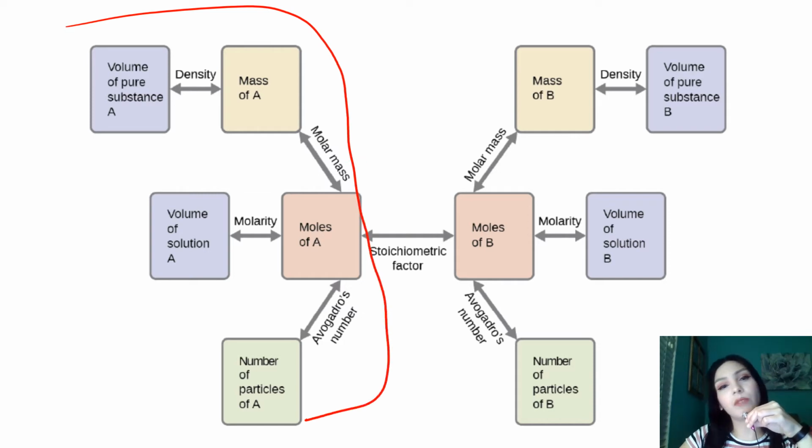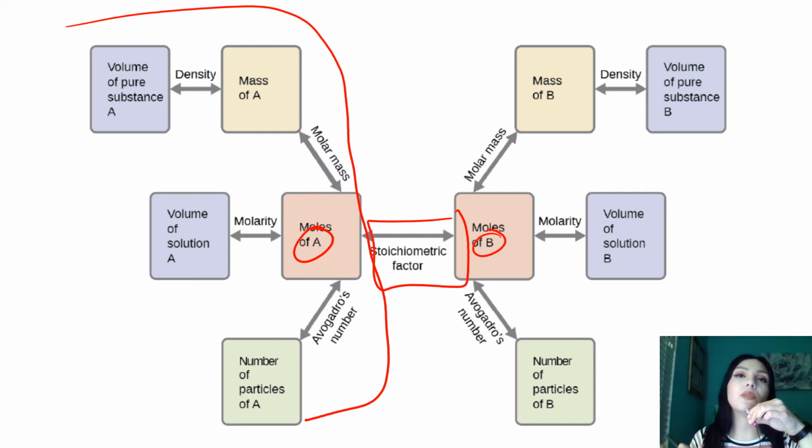We know how to convert from moles to volume, moles to mass, moles to numbers of particles, whatever it may be. All we're doing is going from moles of one thing to moles of another using stoichiometric factors. So stoichiometry is like that junction between more than one thing, and specifically it's from chemical reactions, chemical equations.